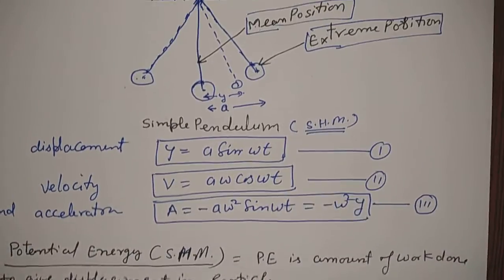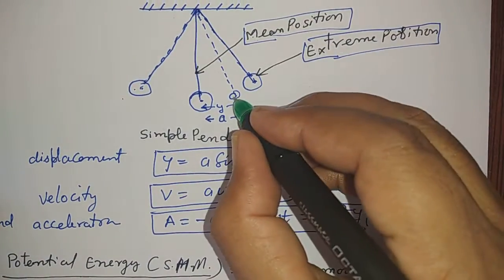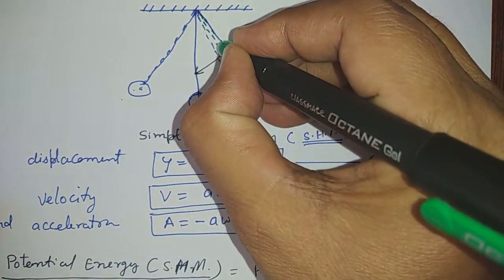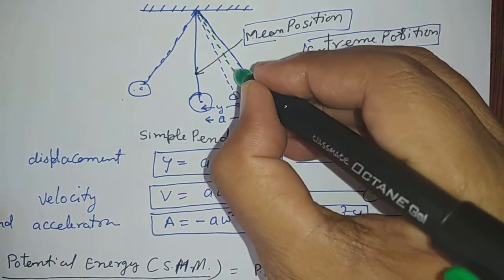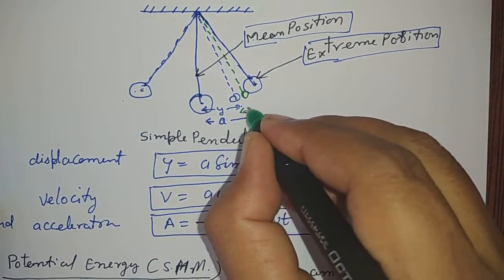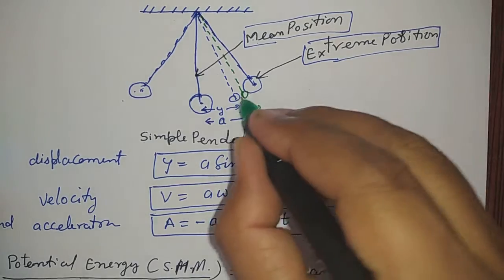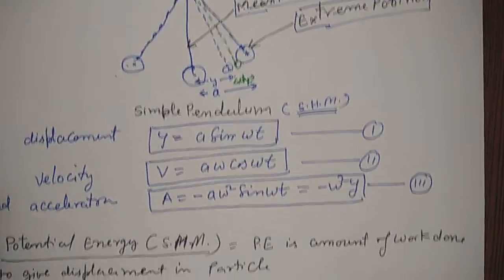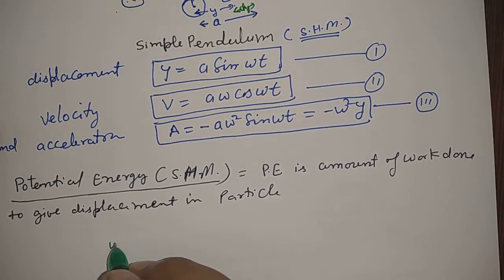Now see here in the diagram for the potential energy, its position is y. Let the simple pendulum be moved from these two positions and get a displacement dy. So what is the work done for the displacement dy?